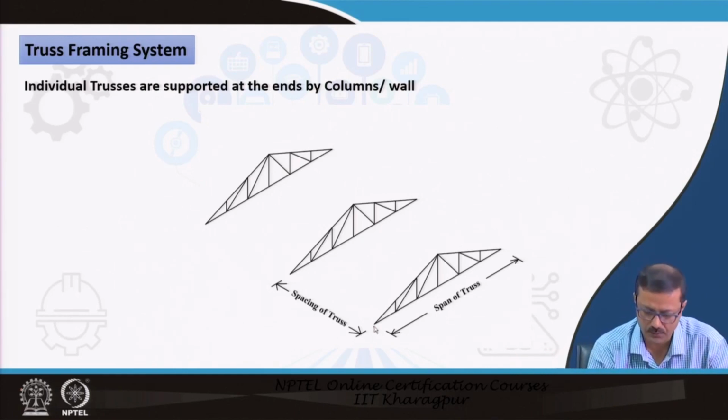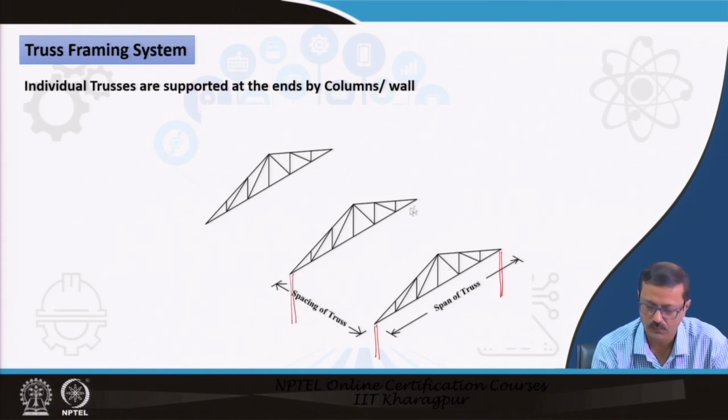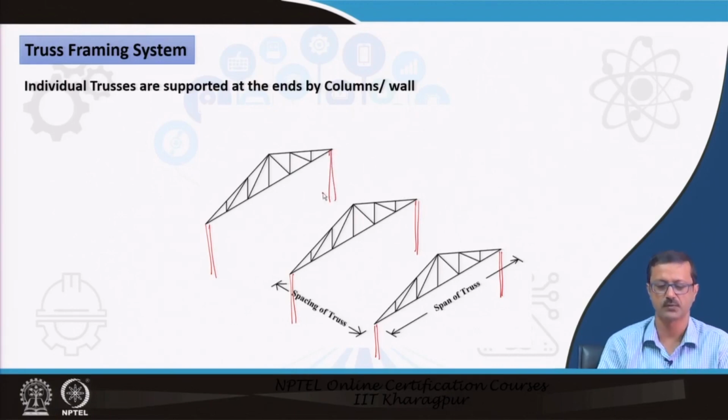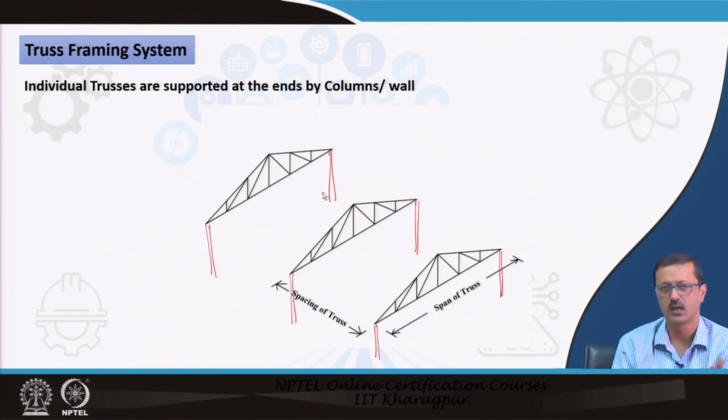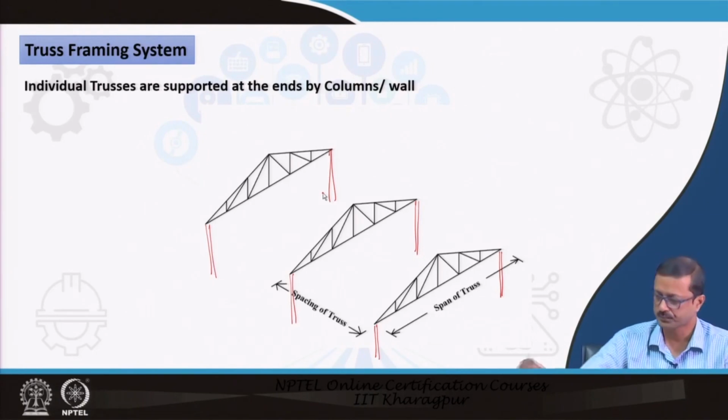These trusses will be supported by pillars, columns, walls or other structural members, and the 3 trusses now have to be integrated by some other structural or non-structural members.